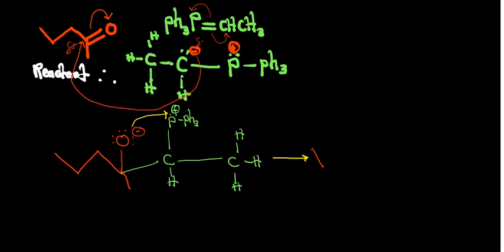I still have that structure there, and then remember we're having the oxygen there, which is now bonding to the what? Bonding to the phosphorus there, and the phosphorus is also bonded to 3 phenyl groups, 3Ph. This same phosphorus is bonded to the what? To the carbon, right? Yes.